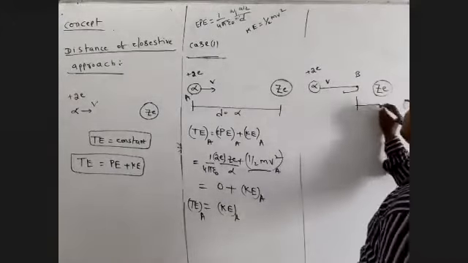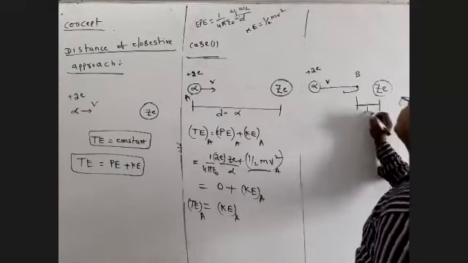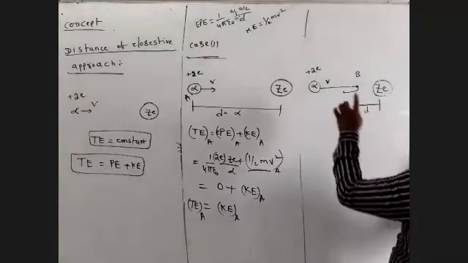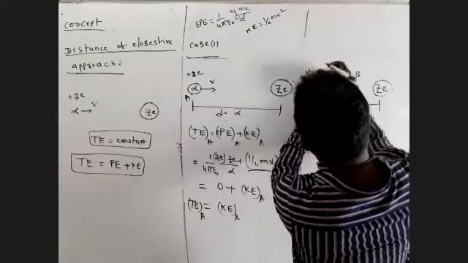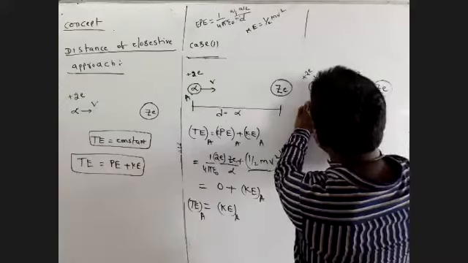This is the distance between the alpha particle and Z that I'm taking. The alpha particle starts here with a velocity of 5 meters per second.